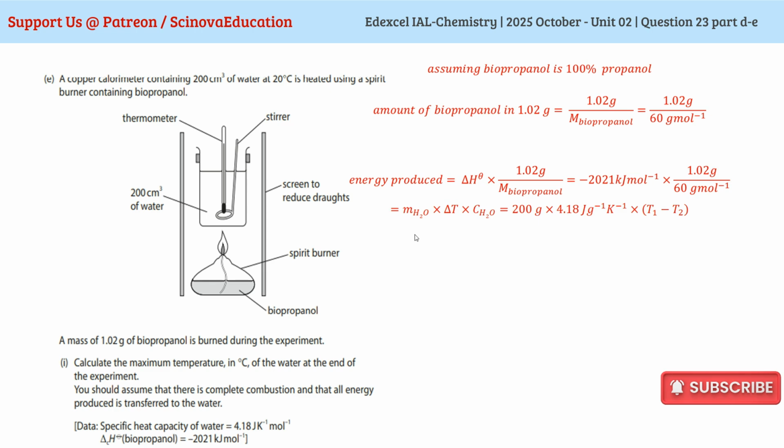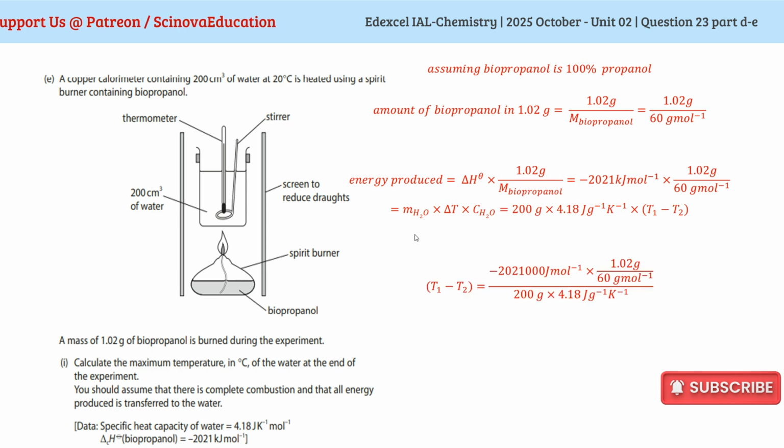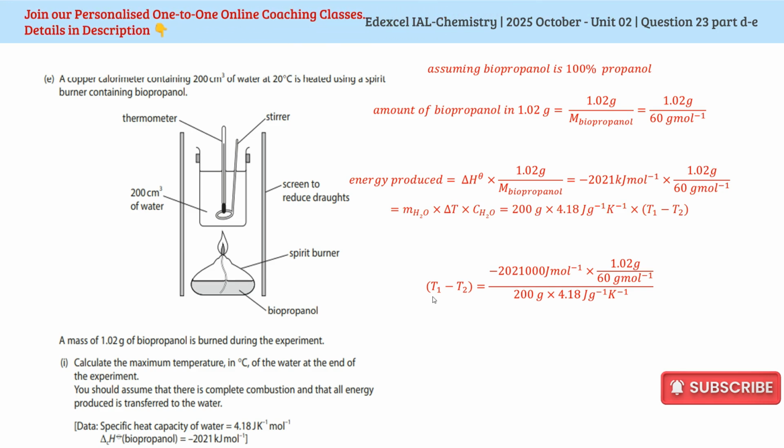Then I'm going to apply the values. In that case, I'm finally ending up with the equation T1 minus T2, that is delta T, equals minus, I have converted the kilojoules per mole value, the molar enthalpy value, into joules per mole for convenience.